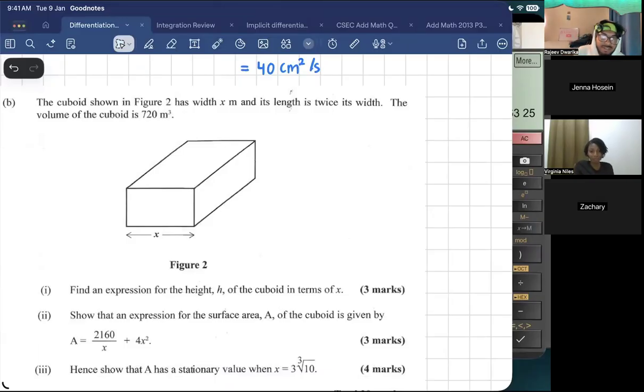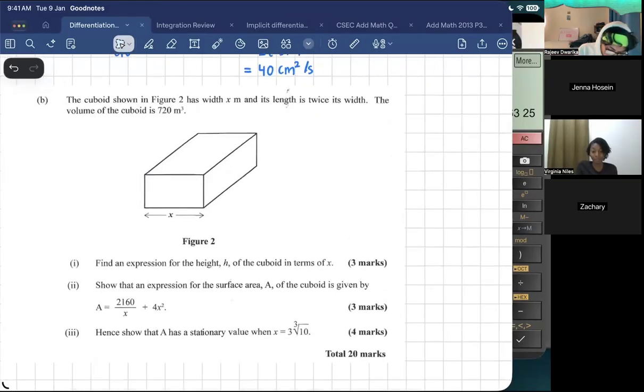The cuboid shown in figure 2 has width x, and they say that its length is twice its width. So what does that mean? Width is x and length is 2x. So let's try to answer part 1.